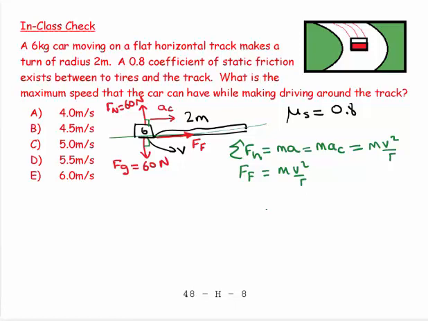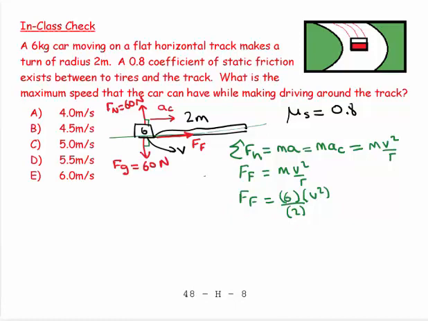Let's substitute in what we know. Oh, we don't know Ff. So I have to say Ff is equal to 6 times v squared over 2. Well, I have one equation, but I have two unknowns. I've got to be able to find this Ff, and so I do a second part.